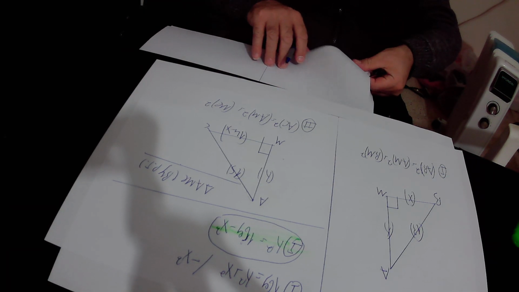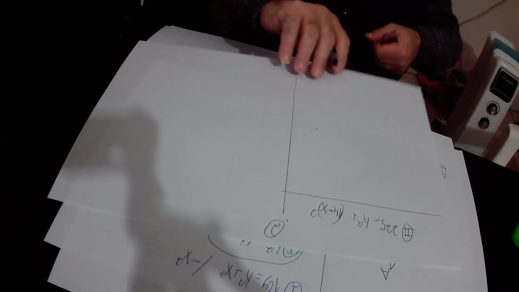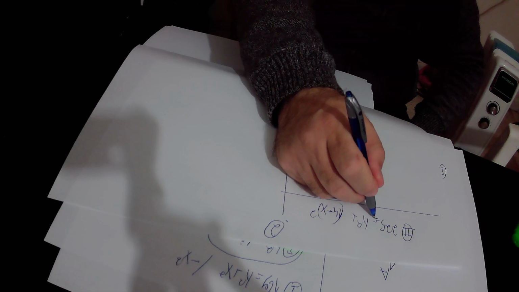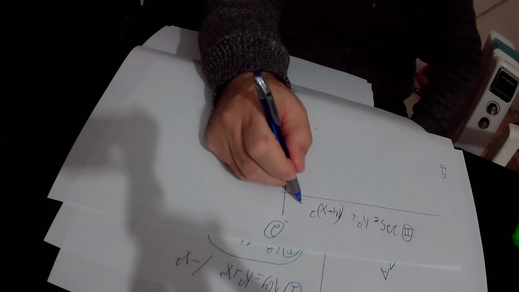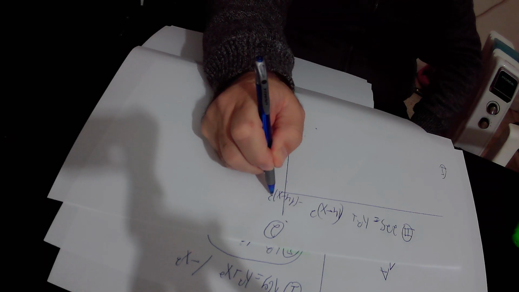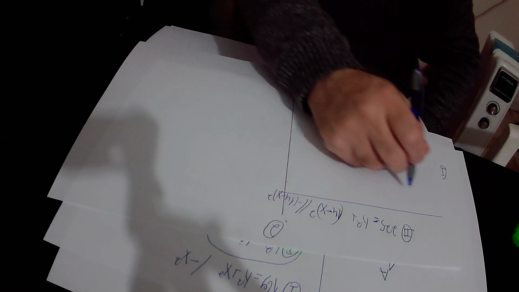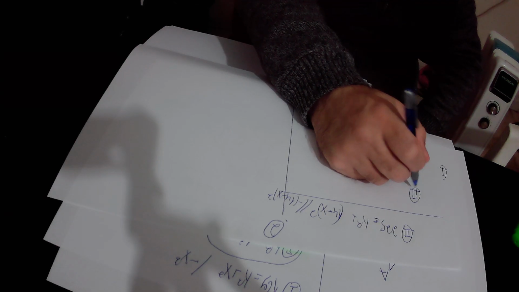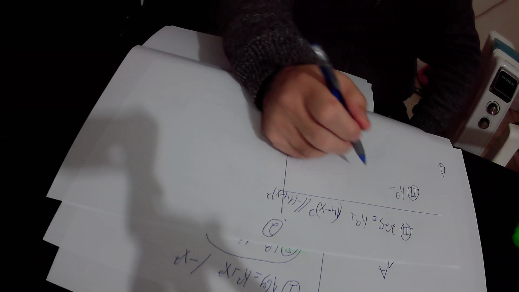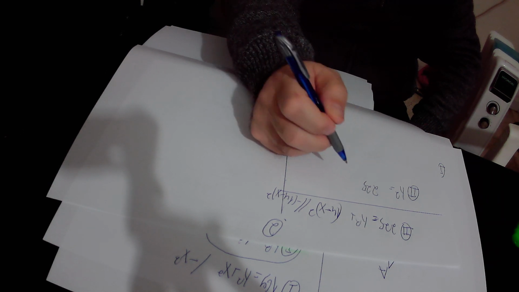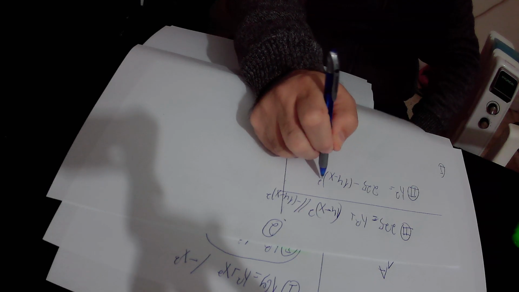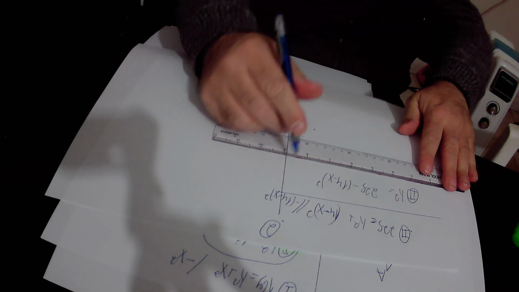In conclusion, according to equation number 2, 225 equals h squared plus (14 minus x) squared. Here we subtract (14 minus x) squared from this equation, and we get that according to equation number 2, h squared equals 225 minus (14 minus x) squared.